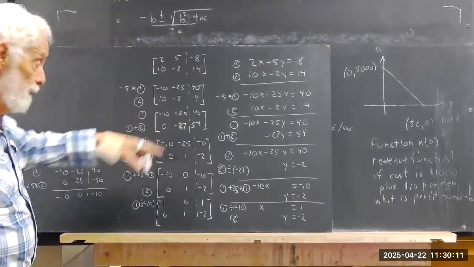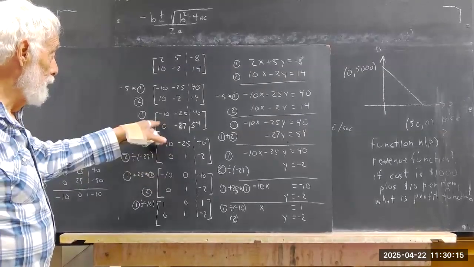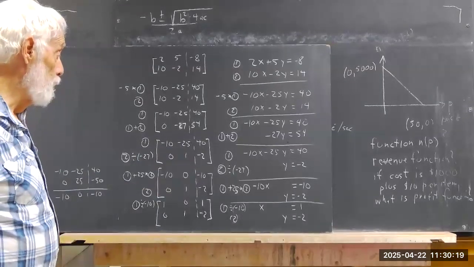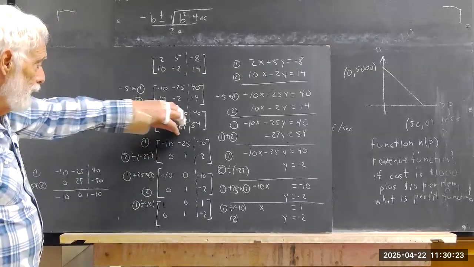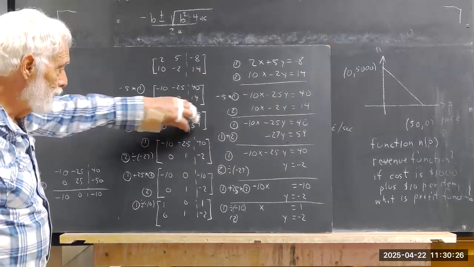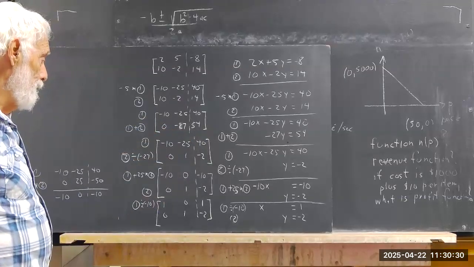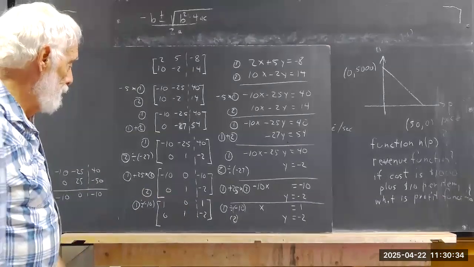Okay. And then by another simple step, once I've got the zero here, it's easy to get a one here. So now I've got my solution for y. Then I need a zero here, so I can get some multiple of x equals something. So I get that zero. And then I make that into a one.